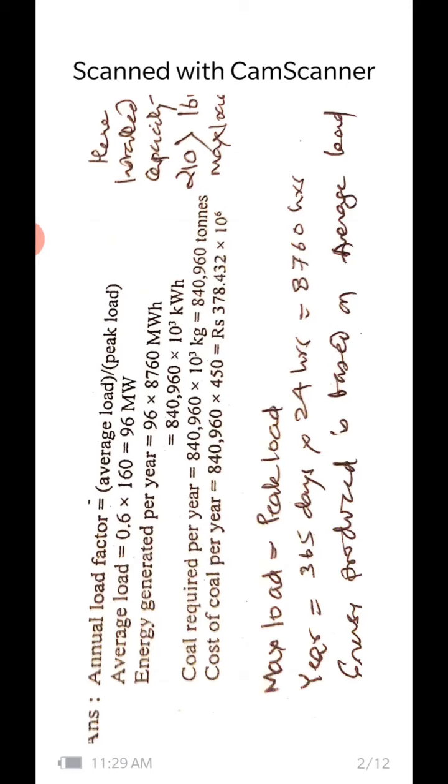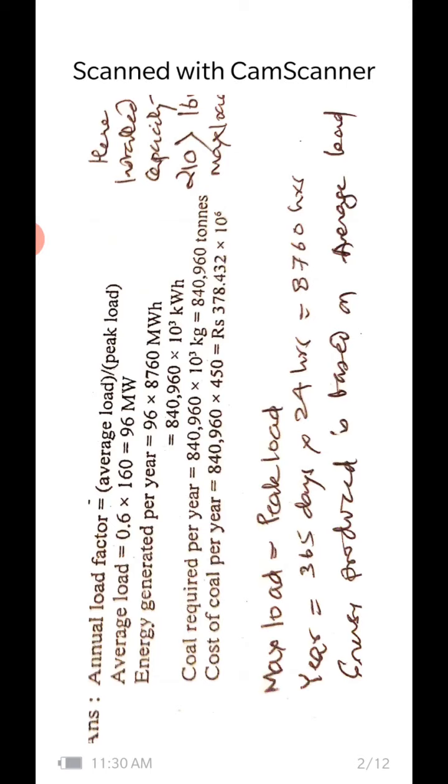Now if you want to calculate the capacity factor, it is equal to average load divided by the installed capacity. Capacity factor is not written here, but I am telling you the capacity factor is equal to average load divided by the installed capacity.